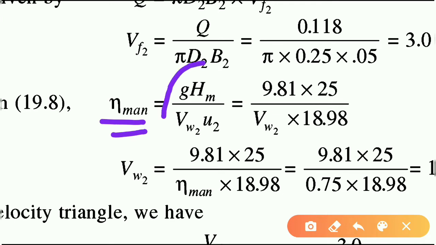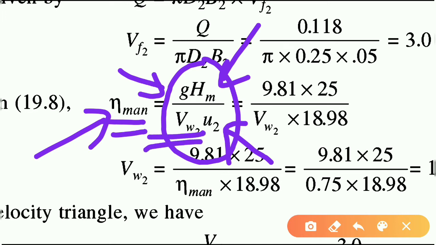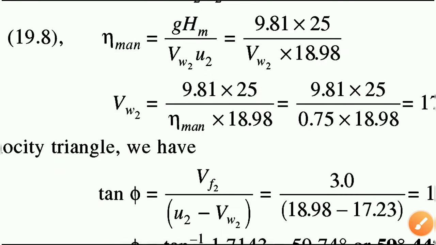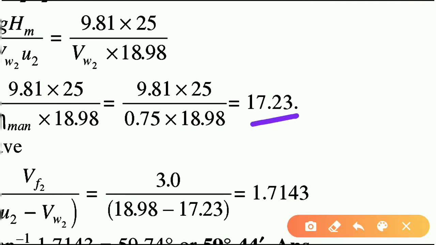In this expression we know the value of g, we know the value of Hm, we know the value of U2, we know the manometric efficiency, so we can easily find out the value of Vw2. If we solve this for Vw2, we will get its value as 17.23 meter per second, as it is a velocity.